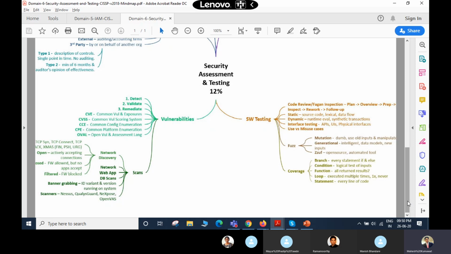Suppose the customer says this thing will be available on the website. After 2 days, he changes his mind and says no, these are the changes I require, I require this one, I require this one. So as per the customer's use cases, as the customer changes things, we develop the websites: modifications, changes, reviews.